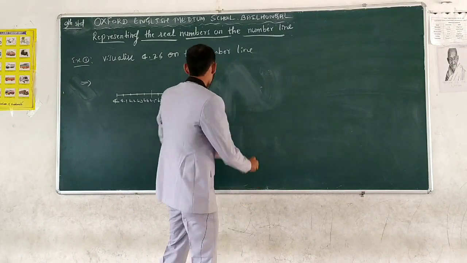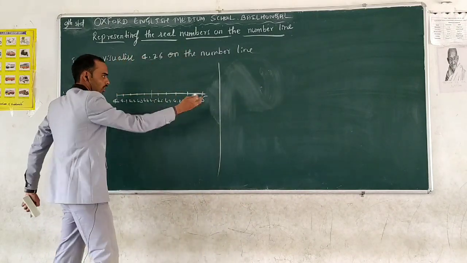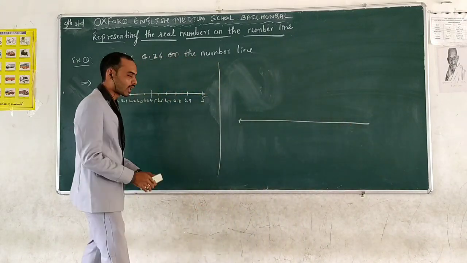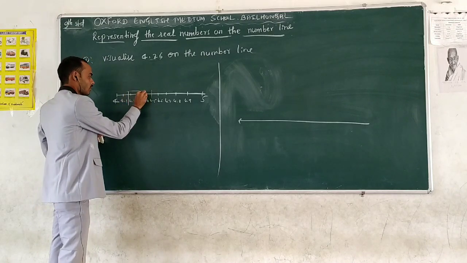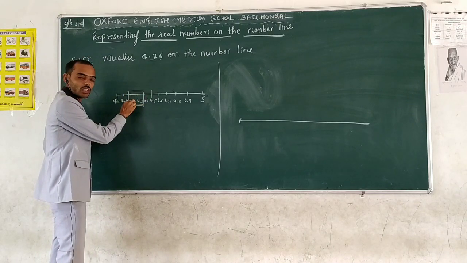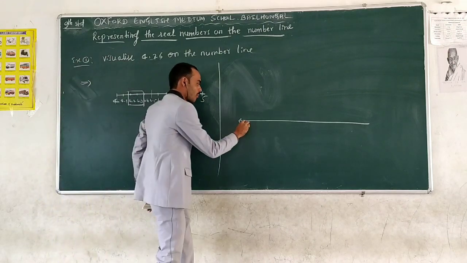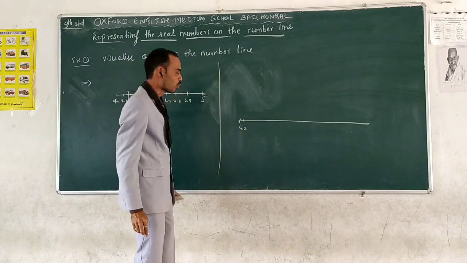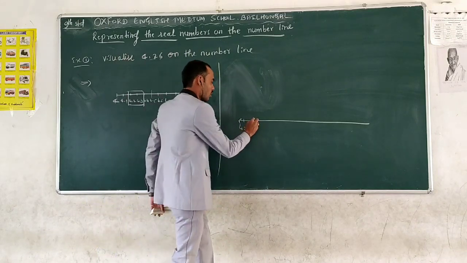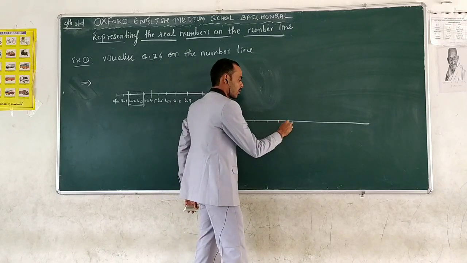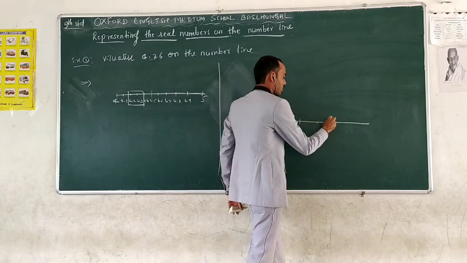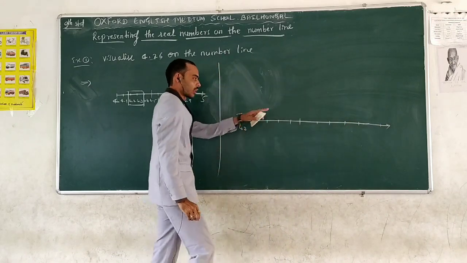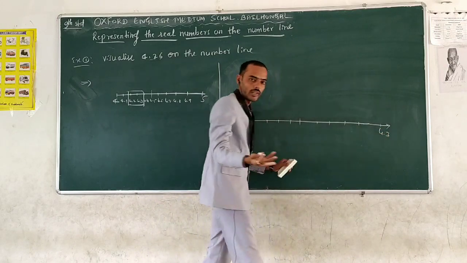We start from 4.2 and end at 4.3, with 10 marks: first, second, third, fourth, fifth, sixth, 7, 8, 9 and 10. The last is 4.3 or 4.30.